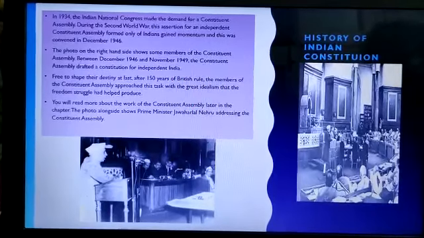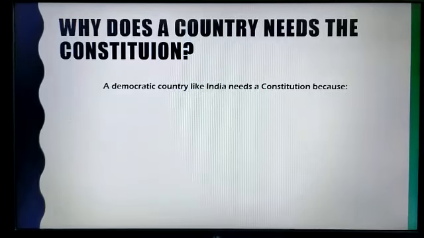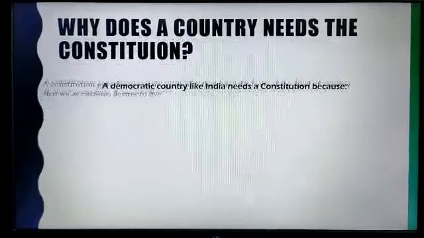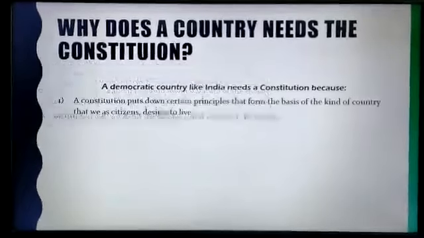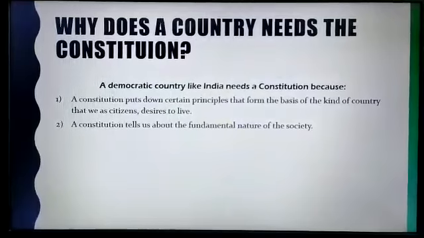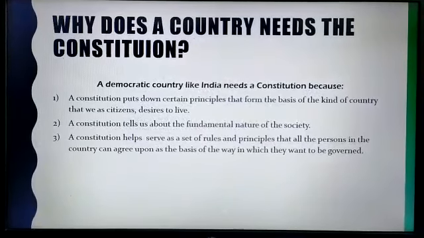But why does a country need a constitution? A democratic country like India needs a constitution because a constitution puts down certain principles that form the basis of the kind of country that we as citizens desire to live in. A constitution tells us about the fundamental nature of the society.